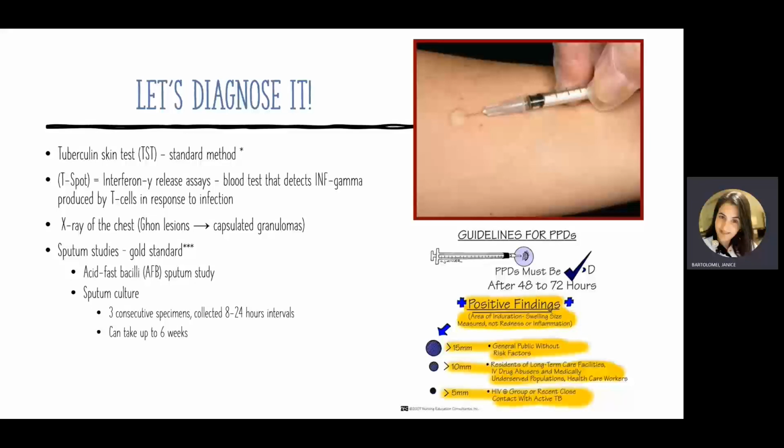On the X-ray, they're looking for those lesions that I was mentioning, the encapsulated granulomas. So if, let's say, your skin test comes back positive, you've had TB in the past, or you've had the vaccine, then not the vaccine, I'm sorry, my apologies.